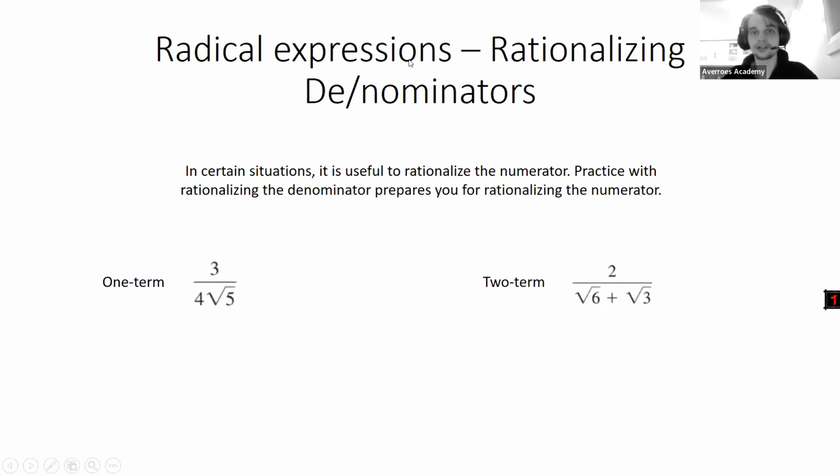So let's take a look at radical expressions and how we can rationalize them. We know that there are basically two types of radical expressions that we can see. One of them is when we have one term. Here you can see that it's simply a product of 4 times the root of 5, and two-term expressions where we have a sum or difference of two radicals.